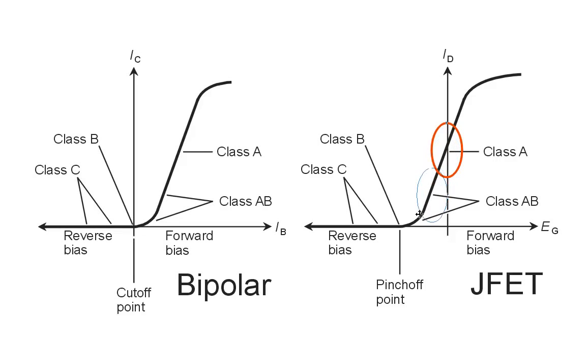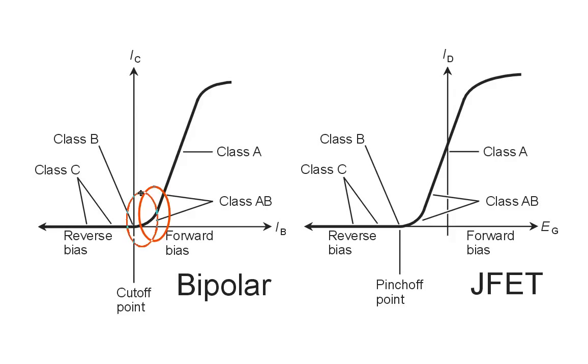Now in the case of Class AB, in either of these curves, the signal in Class AB1 ventures outside of this straight line portion of the curve, but it never actually makes it to cutoff during any part of the cycle, cutoff or pinch off. So the device always conducts during 100% of the input cycle.